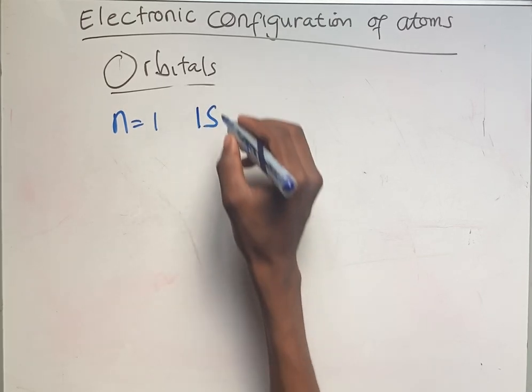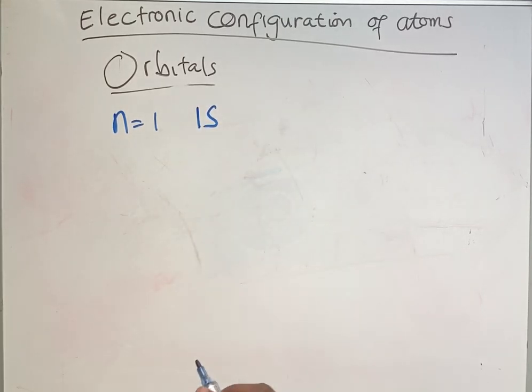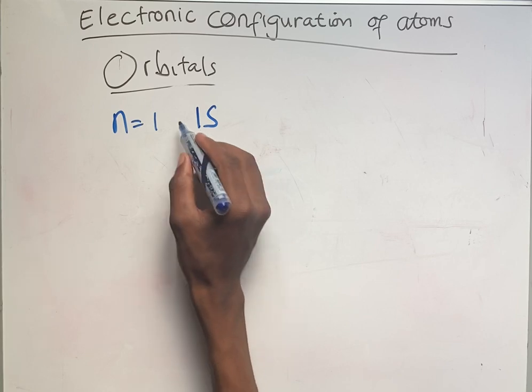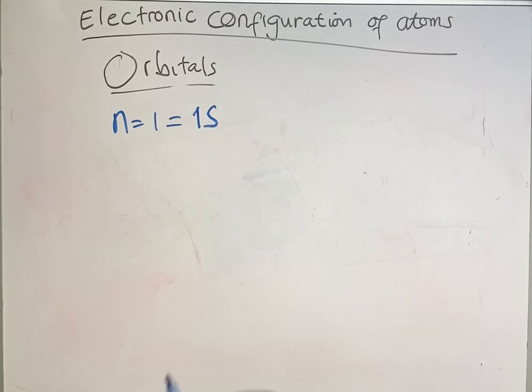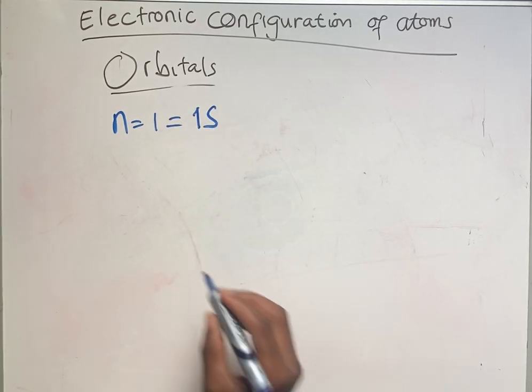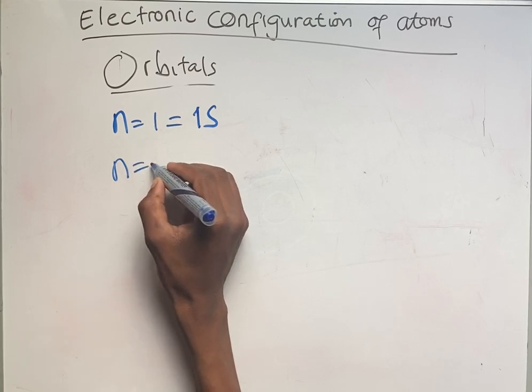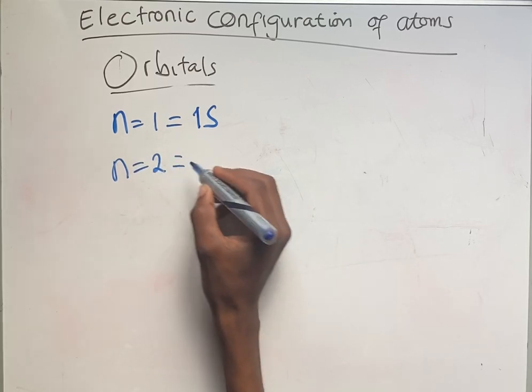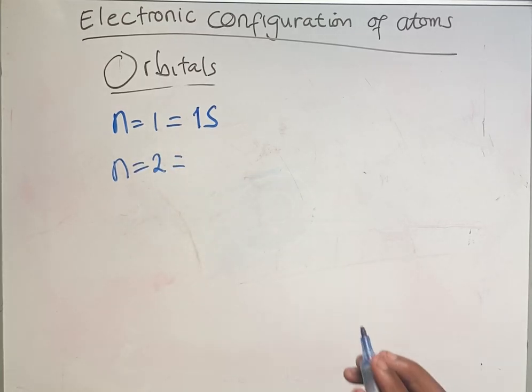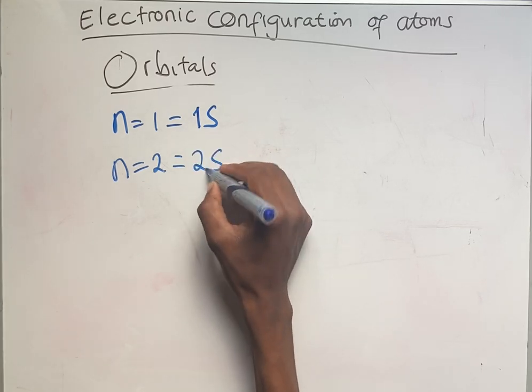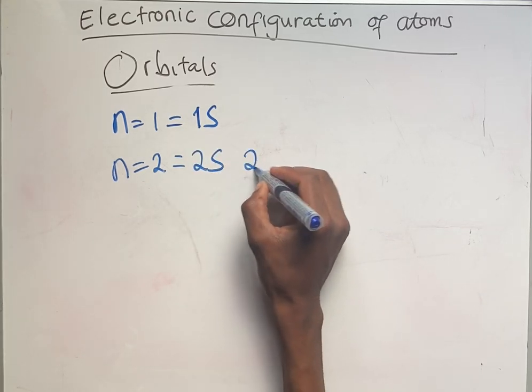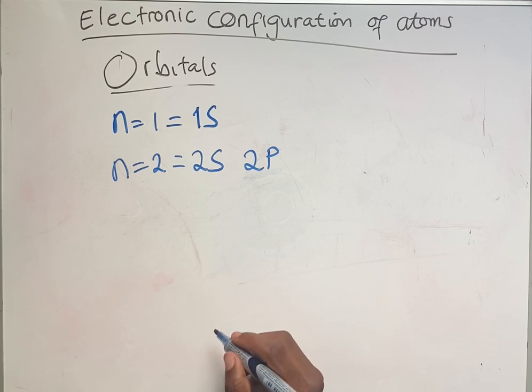which can accommodate 2 electrons. So when n is equal to 1, it only contains one subshell. When n is equal to 2, it contains 2 orbitals: the 2s orbital and the 2p orbital.